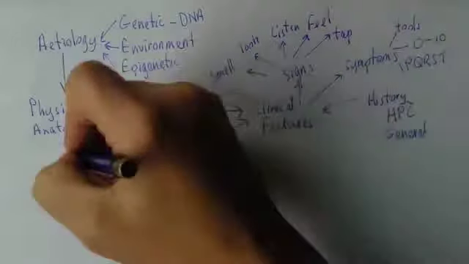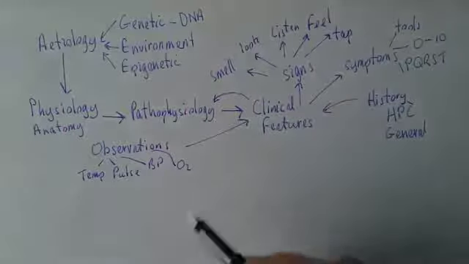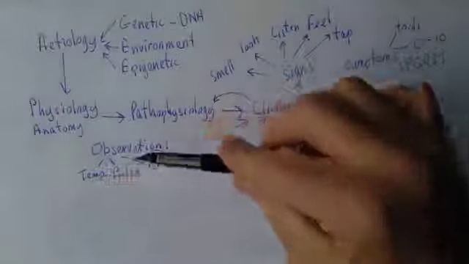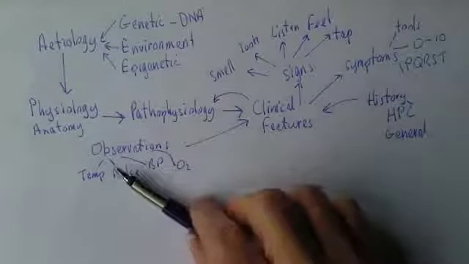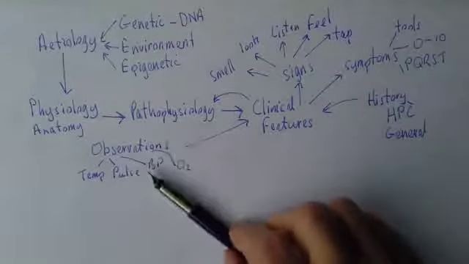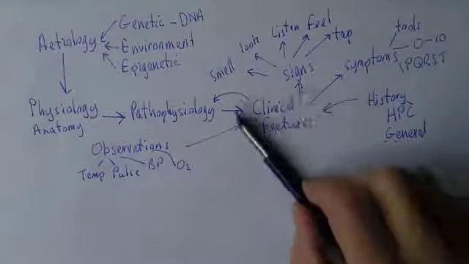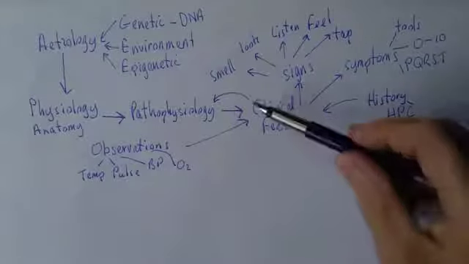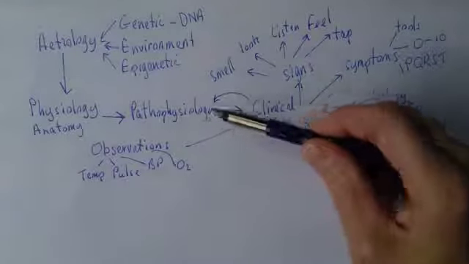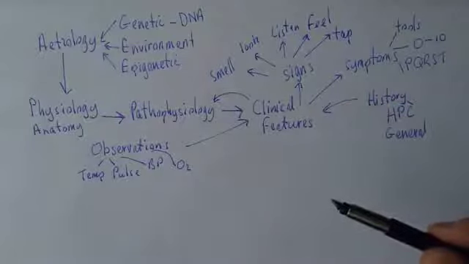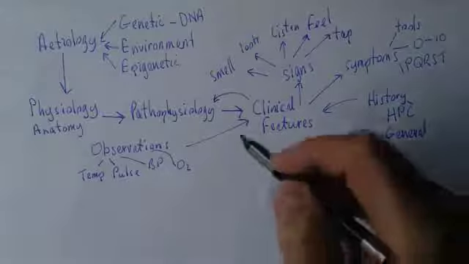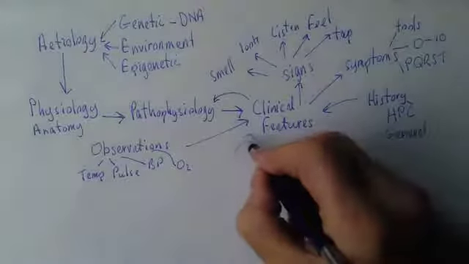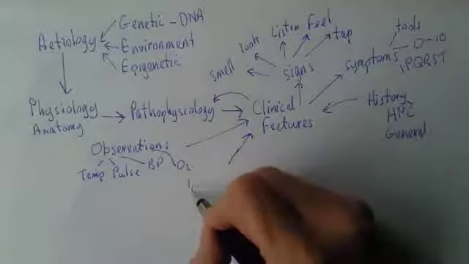Observations that we make, very often routine, but we know what the normal is, so we can recognise if there's variation from the normal. If there's variations from the normal, that will give us information about the clinical features, and from the clinical features we can infer what pathophysiology is going on. So there can be observations. And also we can get information from investigations.